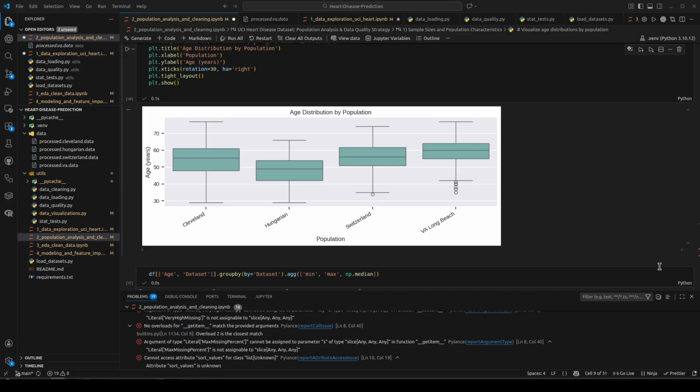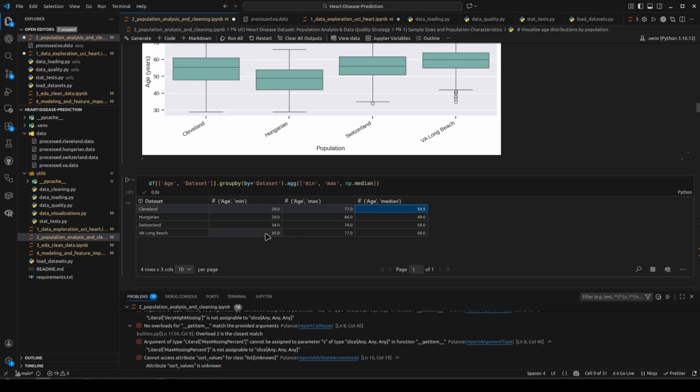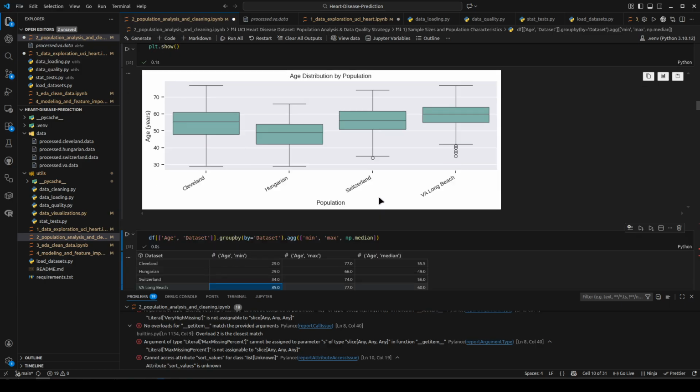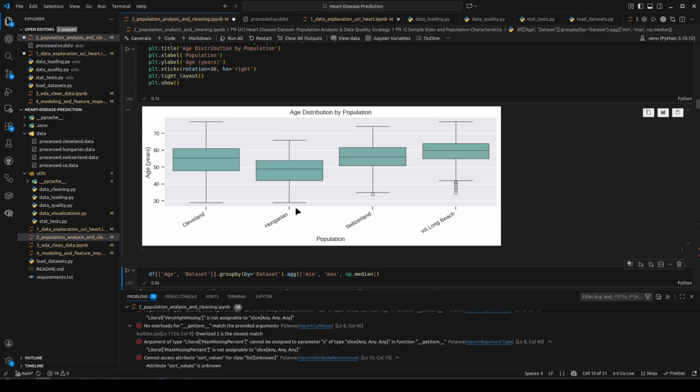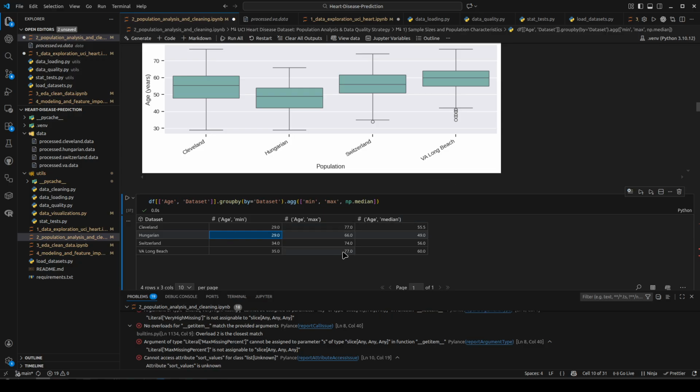So you take that and you see here, okay, well, this value is outside of the bottom of that whisker range, and this would be your true minimum value here. While these ones don't actually have that because they contain all the data. In this one, we see the minimum is about 35 years old. Yeah, actually, exactly 35. This one here for Switzerland is 34 years old. And you see that, okay.